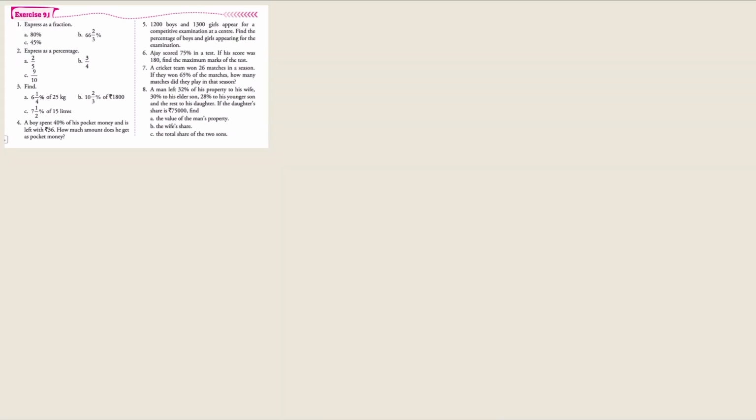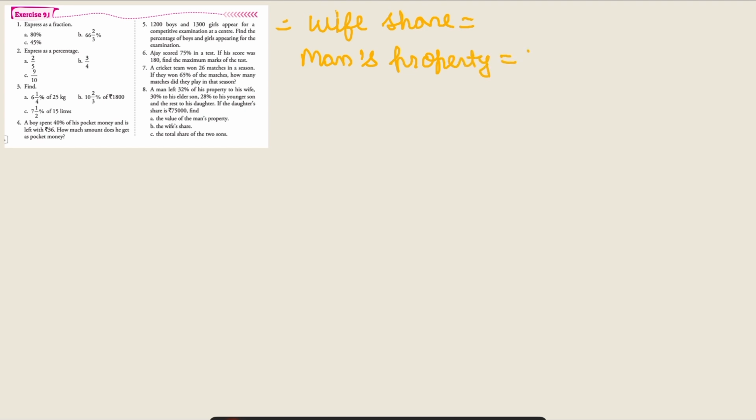Come to the second question: the wife's share. As we know, the man's property is 7,50,000 and the wife's percent is 32%. He left 32% of his property for his wife. So what will be the share, meaning the amount?